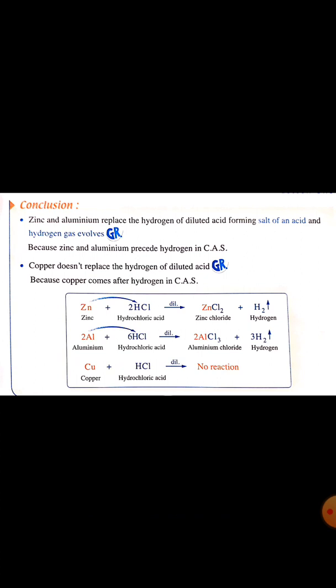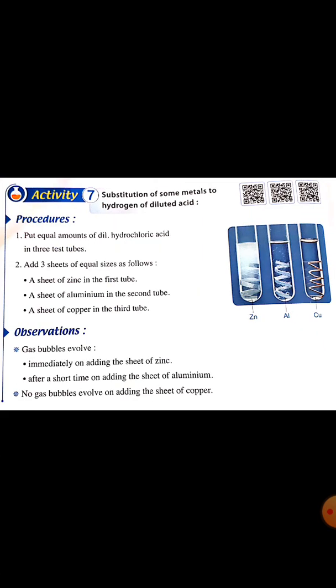Zinc and aluminum precede hydrogen in the chemical activity series, so they can replace it, forming salt, and hydrogen gas evolves. In case of zinc, we have zinc chloride. In case of aluminum, we have aluminum chloride. But copper follows it, so it cannot replace it. So there is no reaction, as you can see here from these 3 test tubes.